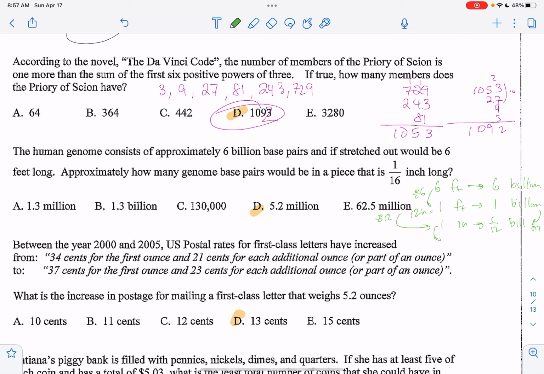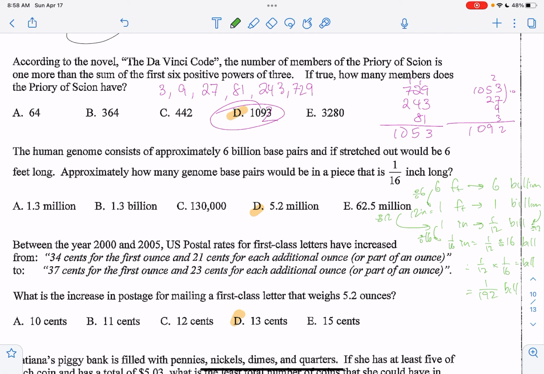To get 1/16 of an inch, you have to divide by 16. So 1/16 of an inch will be 1/12 divided by 16 billion. And that's 1/12 times 1/16. So that would be 12 times 16, which is 192. So this will be 1 over 192 billion.